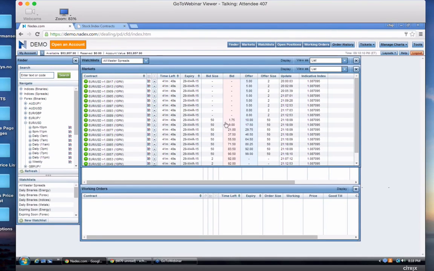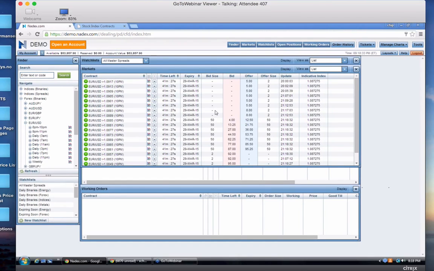Now, the bids and offers are on a marketplace, and you're essentially a member on the exchange. You can put in limit orders only on Nadex. The best bid is the highest price someone's willing to buy a binary at.